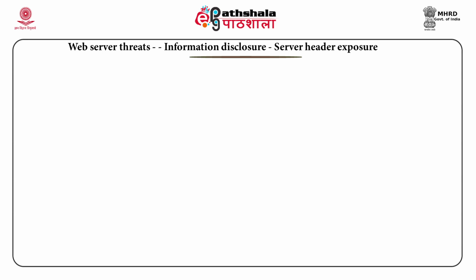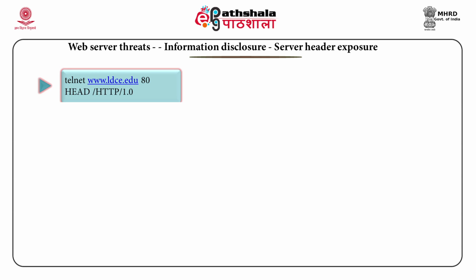If you know telnet, what does telnet do? It tries to connect to the remote machine. So telnet needs to be given two parameters: the address of the remote machine and the port to which you want to connect. So we'll run a command: telnet www.ldc.edu and the port number is 80. Then we will write head / http/1.0, saying reply with the HTTP header for version 1.